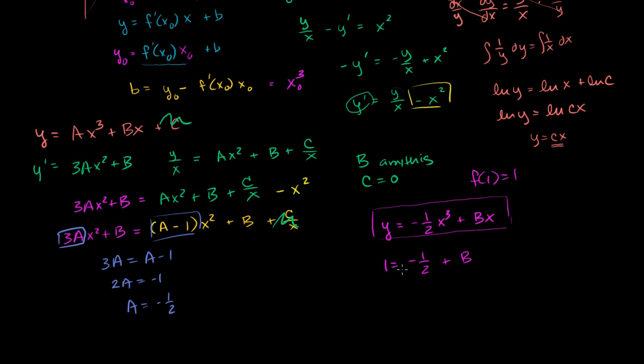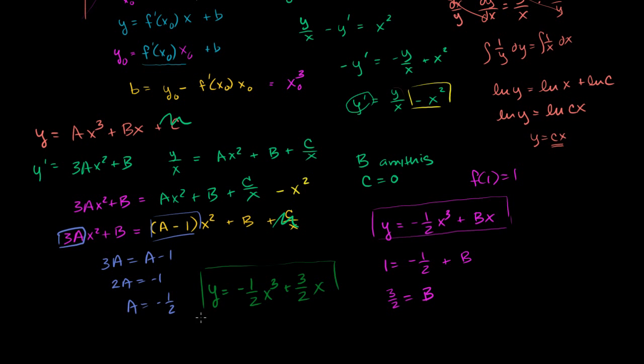So we can add 1/2 to both sides, and we get 3/2 is equal to b. So we're now able to fully describe our function. Our function is y is equal to negative 1/2 x to the third plus 3/2 x.